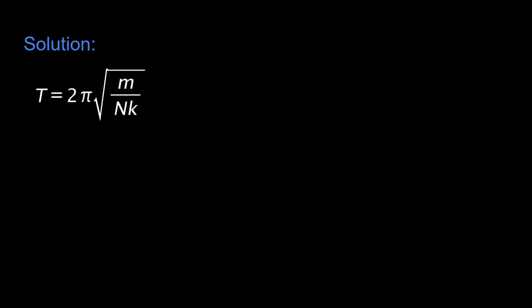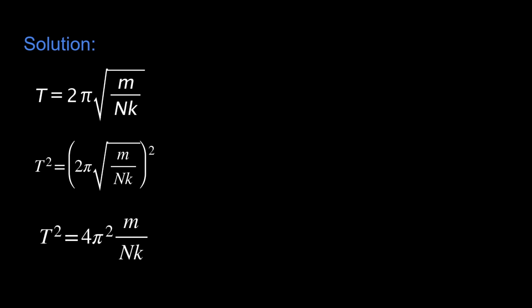Typically, if you've got square roots, we want to get rid of them by squaring, because it's easier to analyze that way. And if we've got T, the only thing to do is square both sides. Then after simplifying, we get 4 pi squared m over nk on the other side. Highlighting our variables in red, we get T squared versus 1 over n is linear, as we expect.